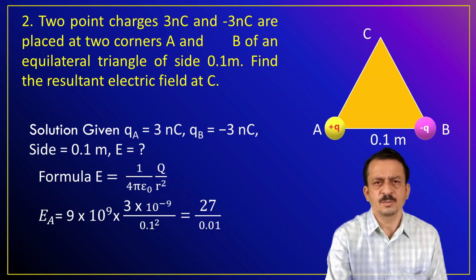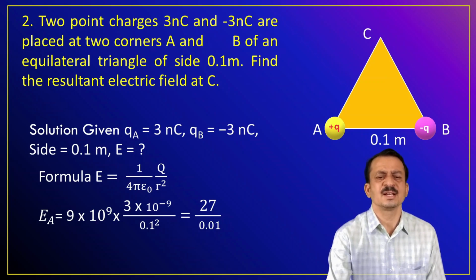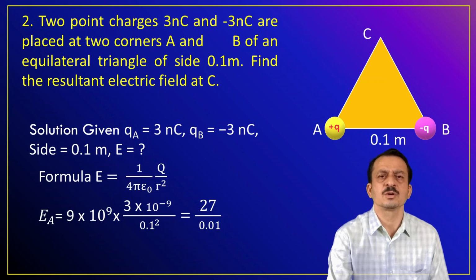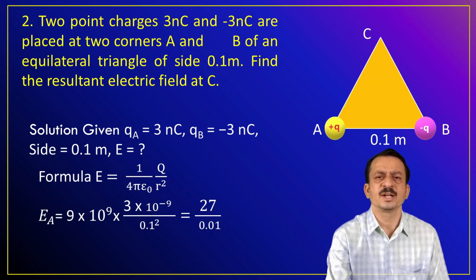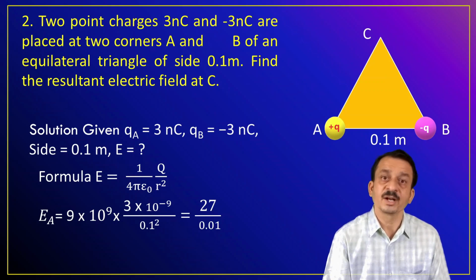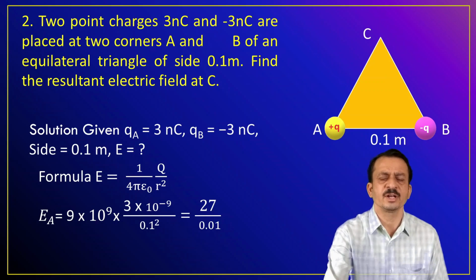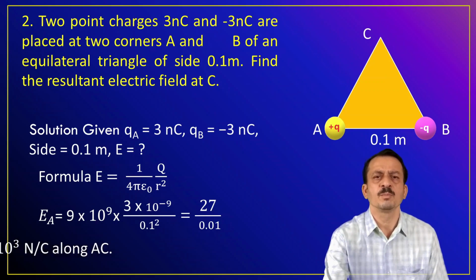So 10 to the power of plus 9 and minus 9 get cancelled. 9 times 3 is 27. It is 27 divided by 0.01. In the denominator, 0.01 can be written as 1 into 10 to the power of minus 2. If I take it to the numerator, it becomes 27 into 10 to the power of plus 2.